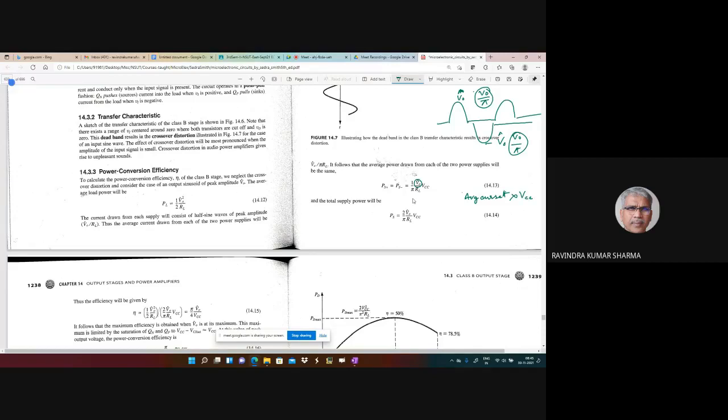Voltage is VCC. So average current is how much? Average current is average voltage divided by RL. So this part is the average current into VCC.